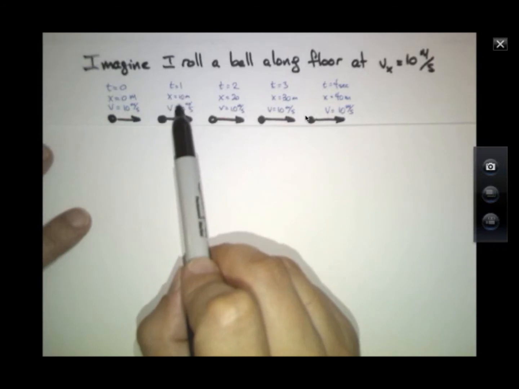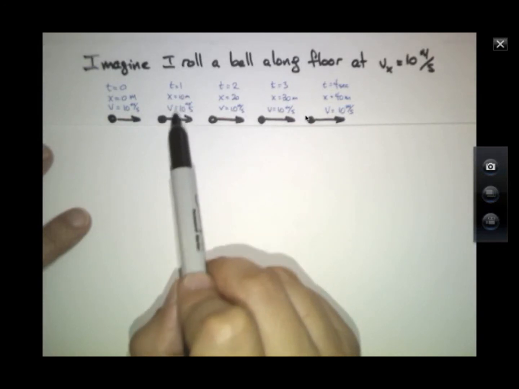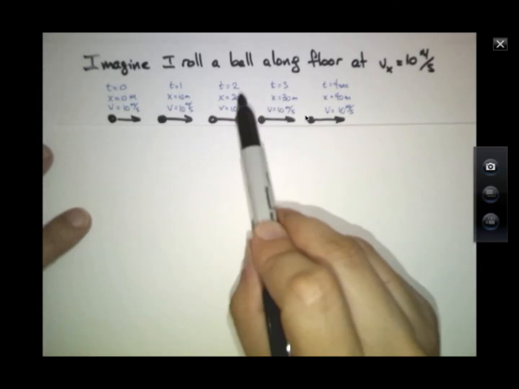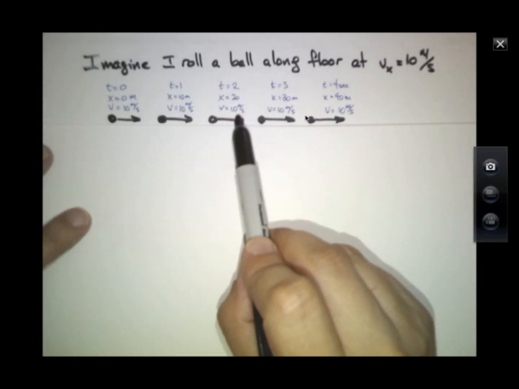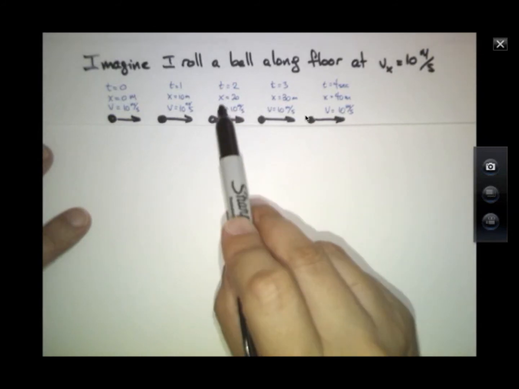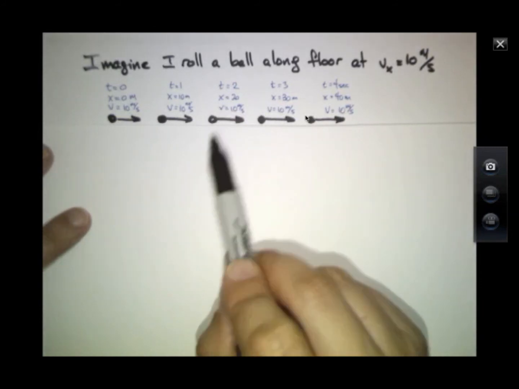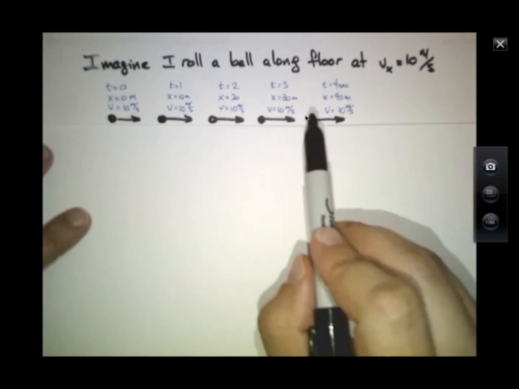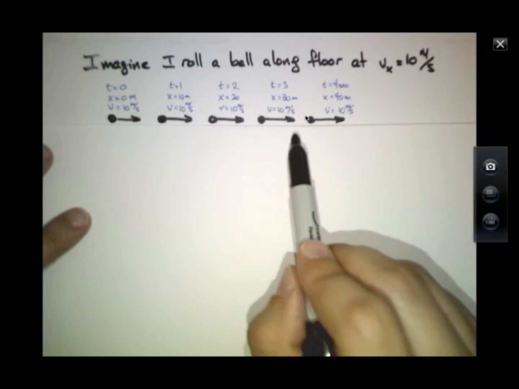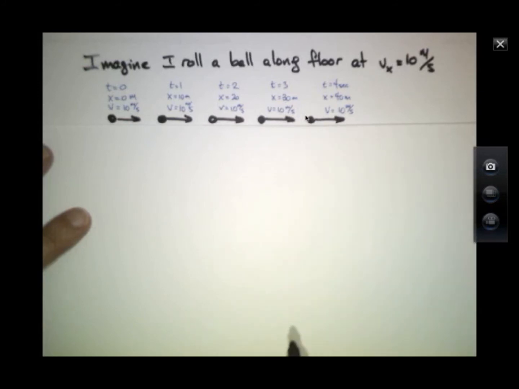At 1 second, x is now 10 meters larger, velocity is still 10 meters per second. At 2 seconds, the velocity is still 10 meters per second because it's a constant velocity. I'm just rolling it along the floor, but the position is 10 meters more. It's now at 20 meters. At 3 seconds, I'm up to 30 meters, and it's still moving at 10 meters per second. It's just marching along the floor.